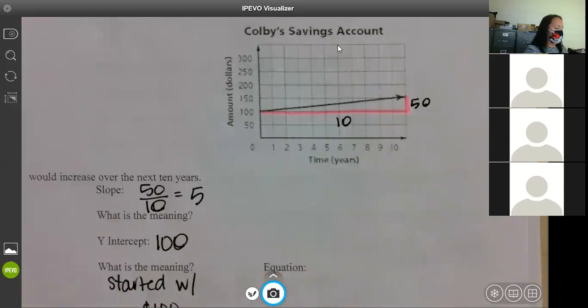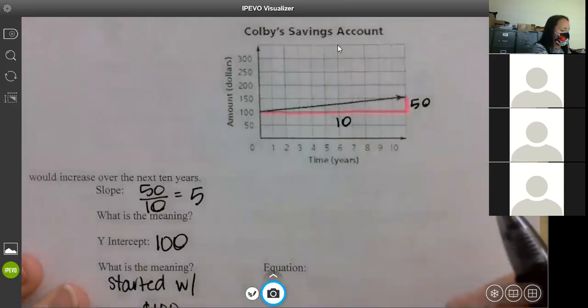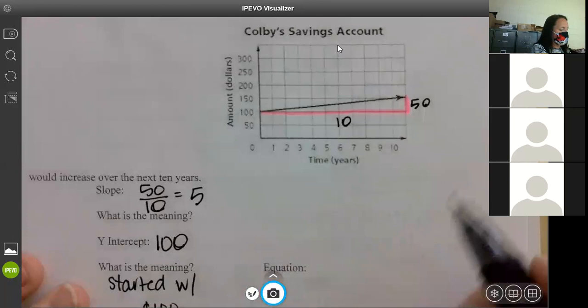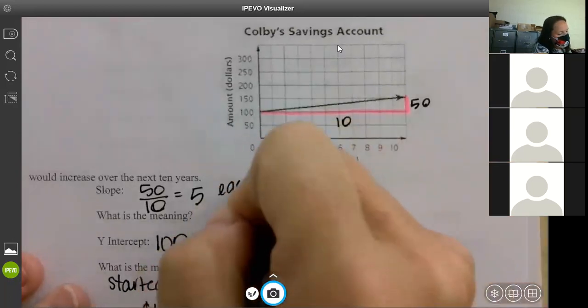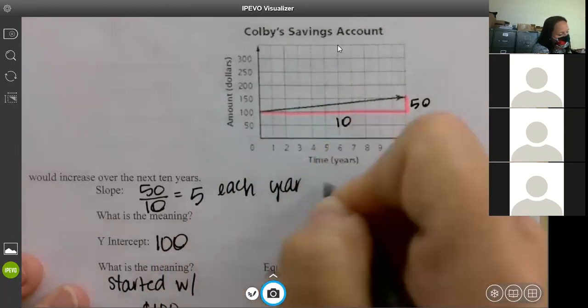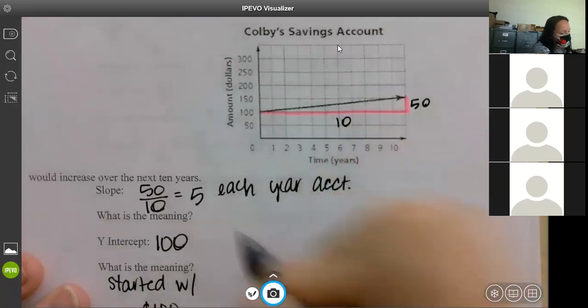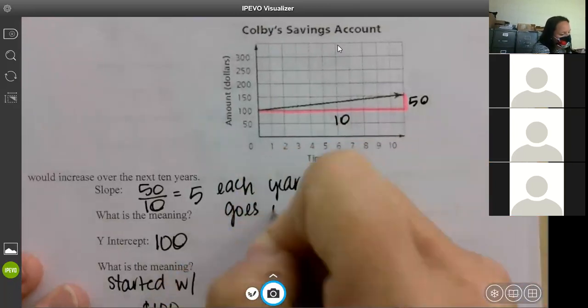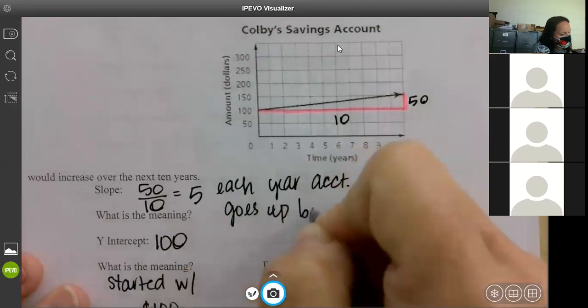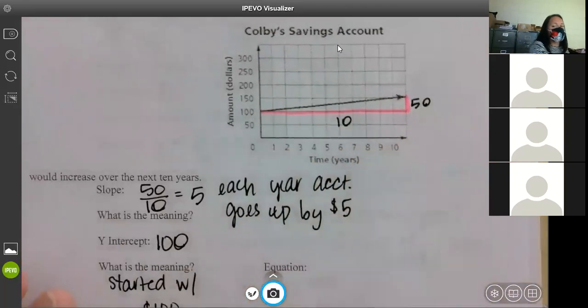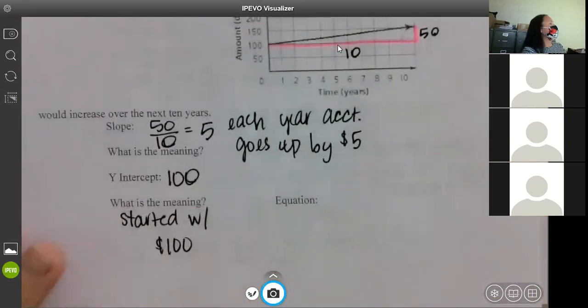What's this mean, 5? How much money? Each year, the account goes up by $5. Doesn't seem like a lot, but that's not money that he's putting in there. That's your interest. So it's kind of like free money, but it's not. Kind of is.